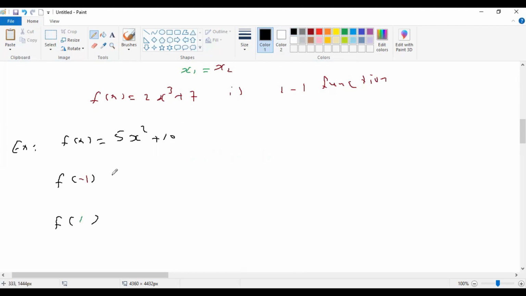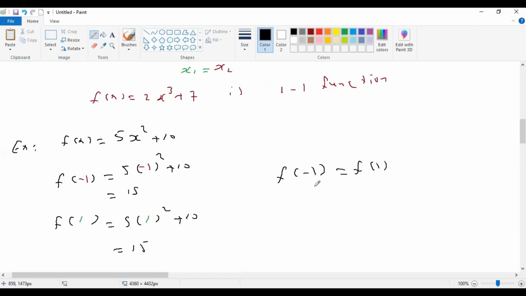The first one, f of -1, equals 5 times x squared plus 10, which is 5 times (-1) squared plus 10, so it'll be 15. And f of 1 equals 5 times 1 squared plus 10, so also equal to 15. Now see, f of -1 equal to f of 1, both of them 15.